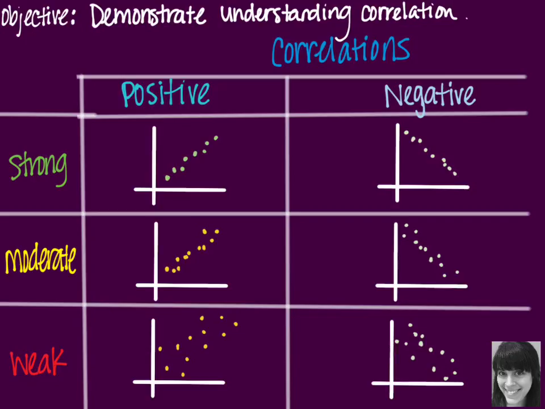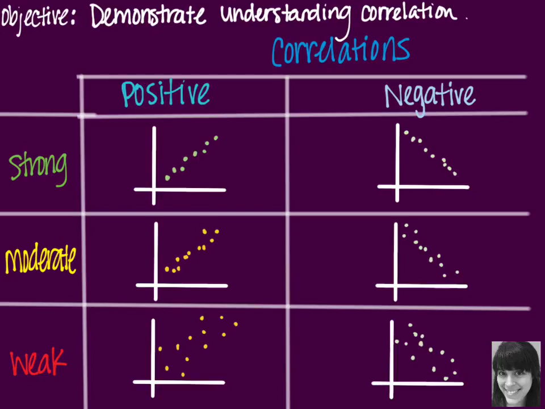So these are the different types of correlations we have. We have strong positive correlations, moderate positive correlations, and weak positive correlations. You also have strong negative correlations, moderate negative correlations, weak negative correlations. Strong correlations are really, really tight around a line.